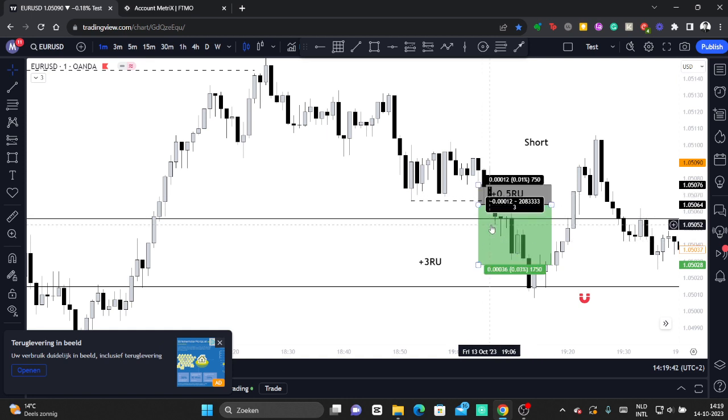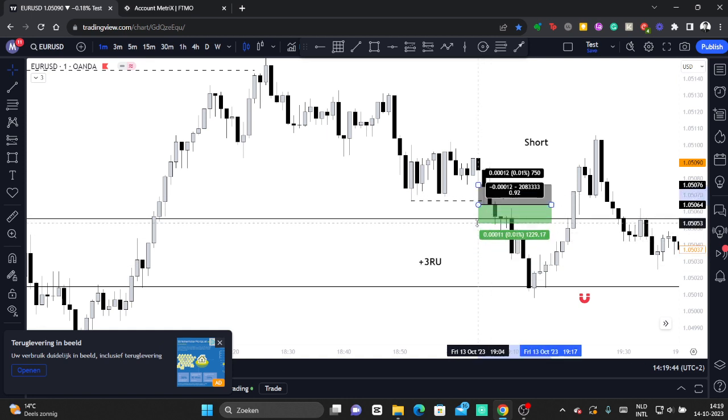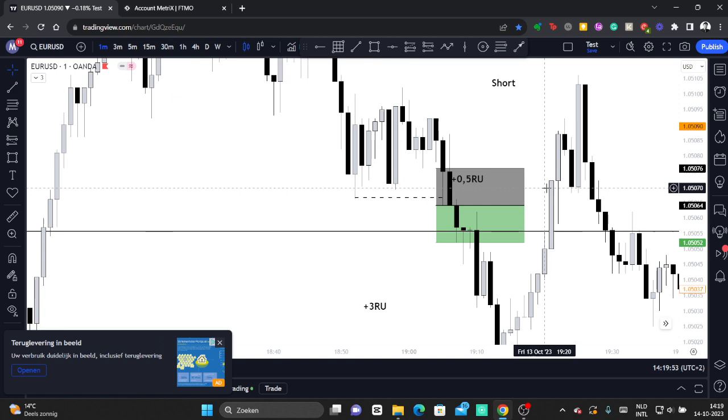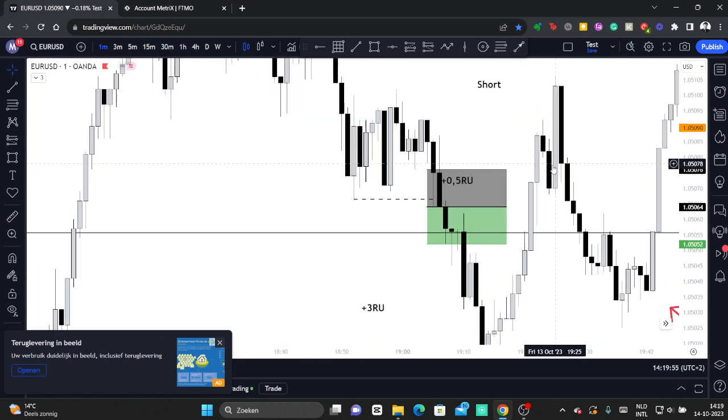It was good, but over here when it hit that 1-to-1, I moved my stop loss to break even, and like I said, because of the commissions and spread and that kind of stuff, if you put it directly on break even, you always end up with a huge amount of loss for some reason.